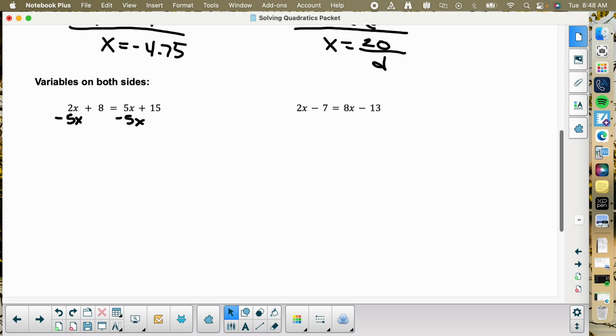Adding and subtracting is kind of how we move things around. So then this would say negative 3x plus 8 equals 15. And then we're going to move that 8 to the other side, and the way we move it is by subtracting it, by canceling it. Whenever you cancel it, that moves it around.